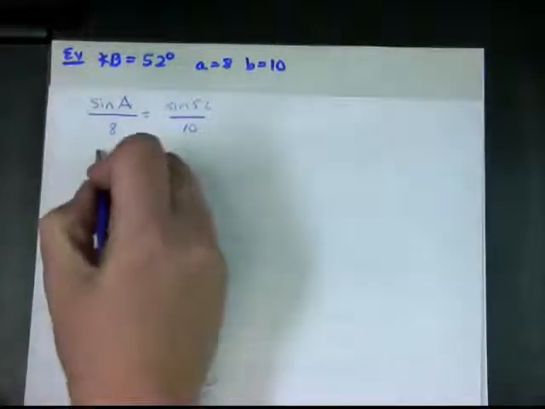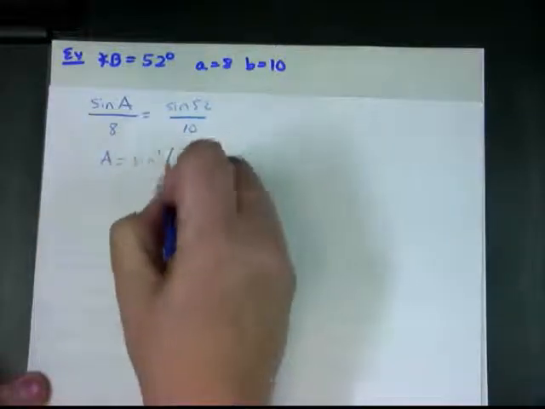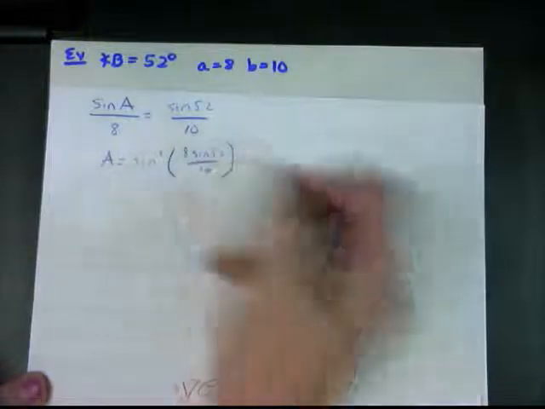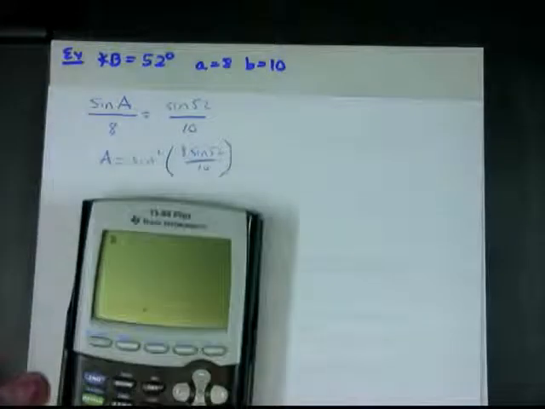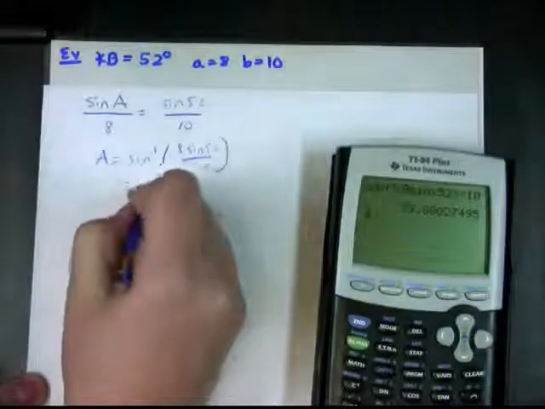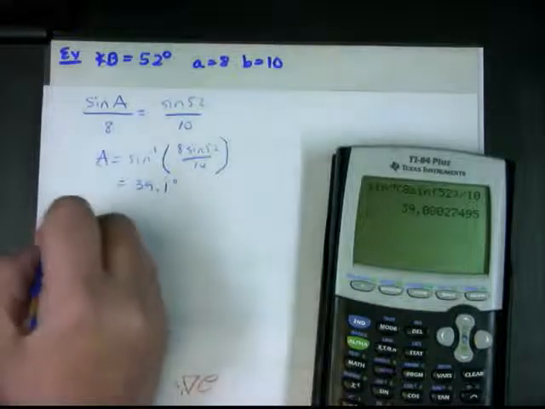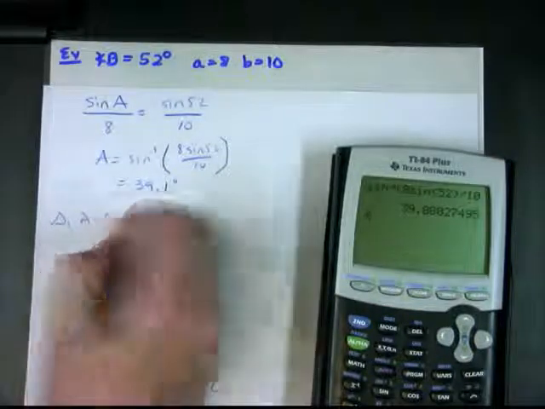Using my law of sines, I know that A is going to be the inverse sine of 8 sine 52 over 10. Now we can type that into the calculator: second sine of 8 sine 52 divided by 10, and we get that angle A is 39.1 degrees. Triangle 1 has angle A at 39.1.